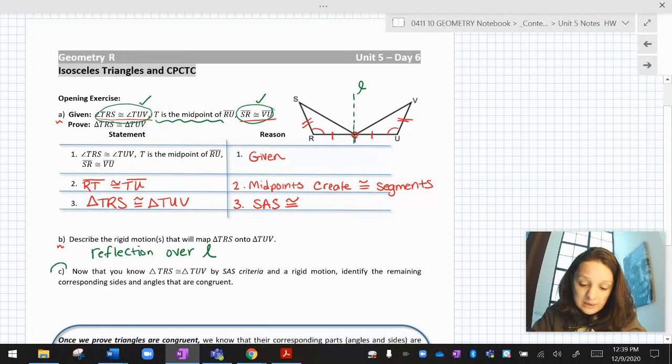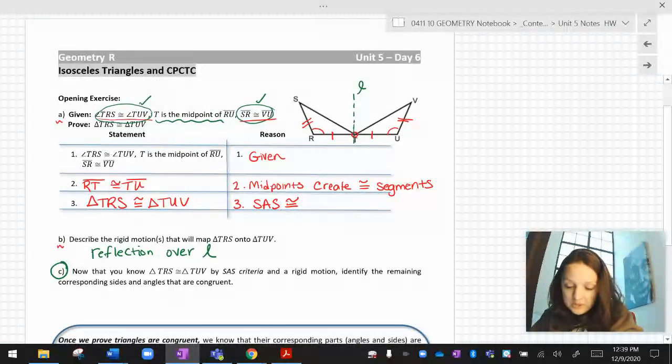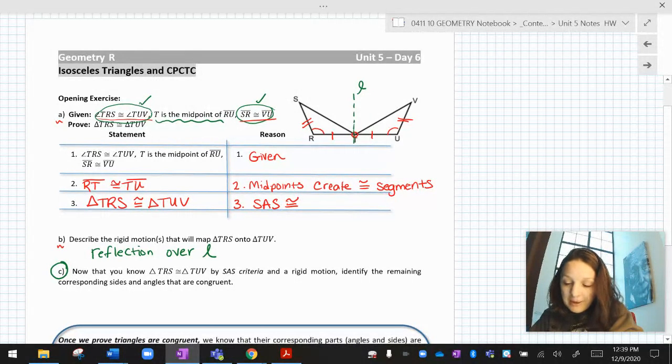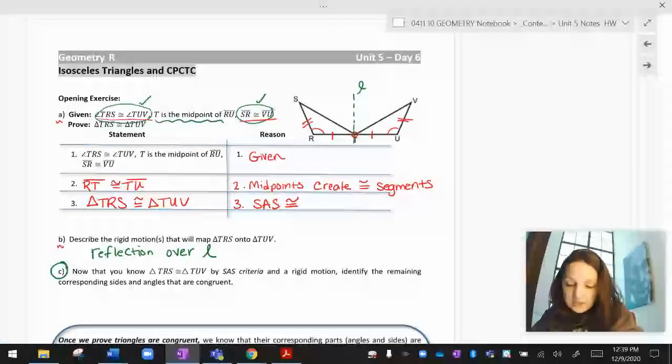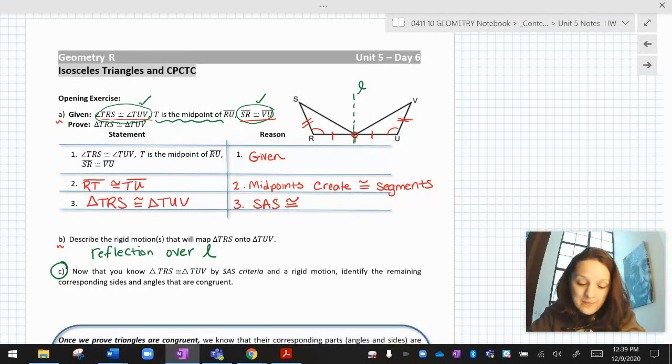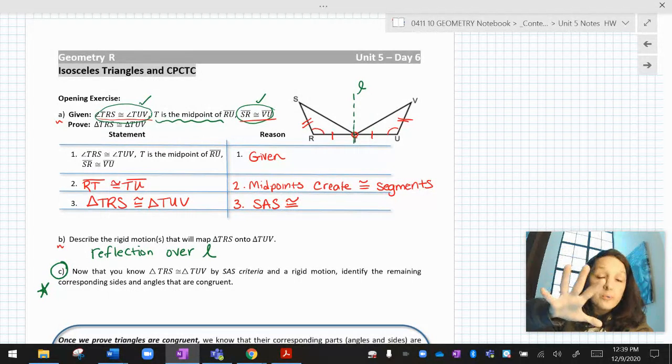Now, C says, now that you know TRS is congruent to TUV by SAS criteria, identify the remaining corresponding sides. This is the whole point of this lesson. I've been saying all along that these three-letter theorems are really a shortcut. The way to prove triangles congruent is to show that all three corresponding sides line up and all three corresponding angles line up, and that those six corresponding parts are congruent.